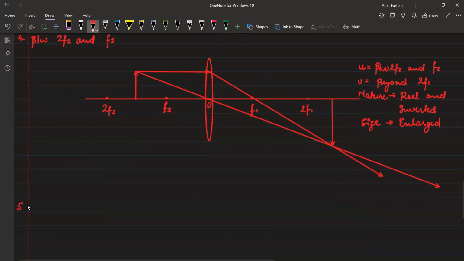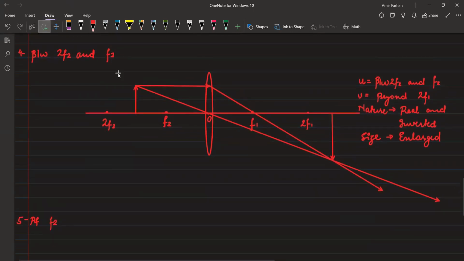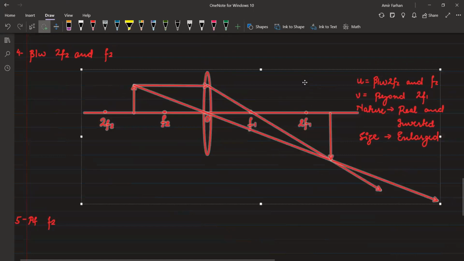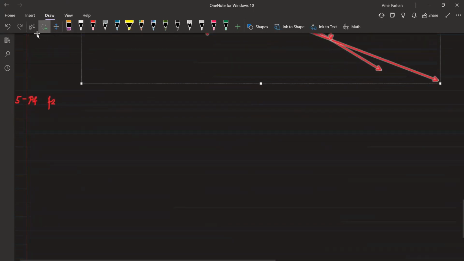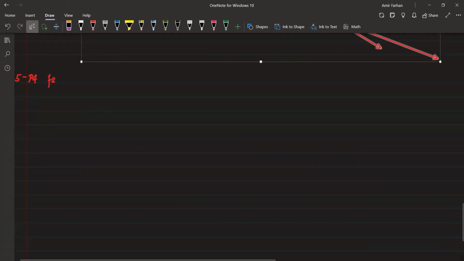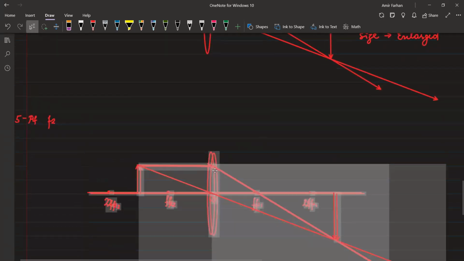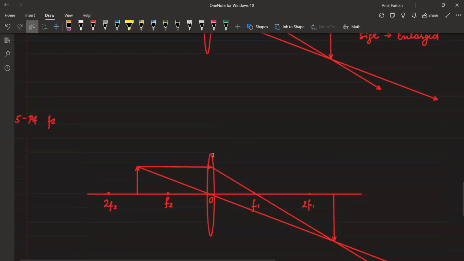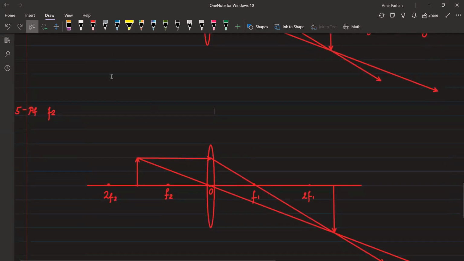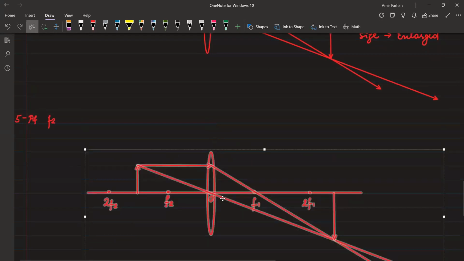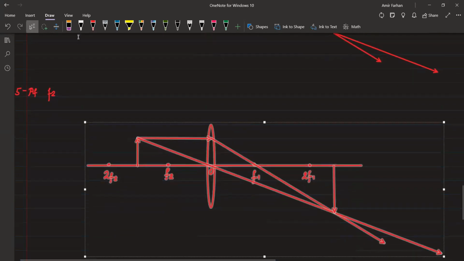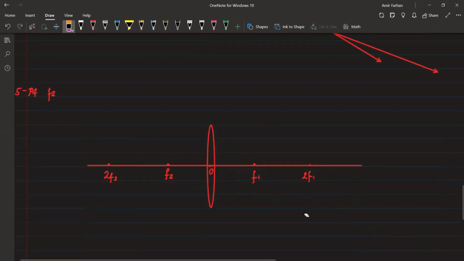Next is the second last case, when your object is at focus F1. So now your object is placed at the focus.